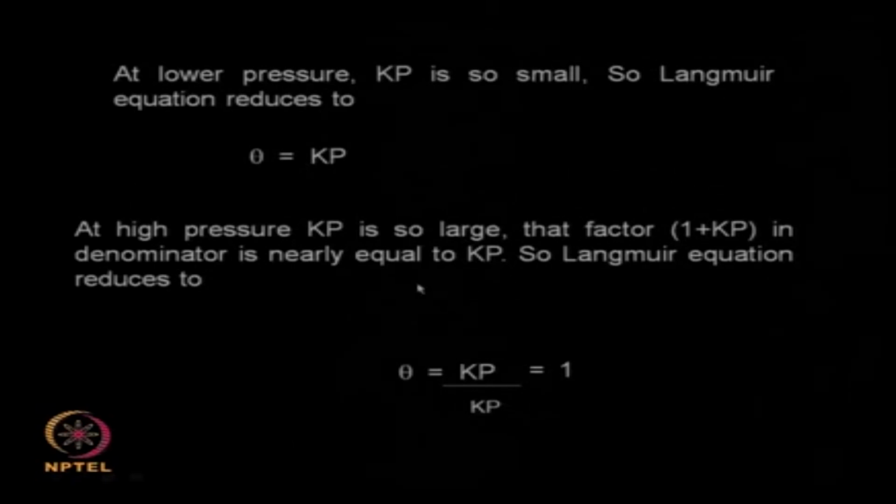Whereas when you have large Kp, that means at very large pressure, what happens? 1 plus Kp becomes almost Kp. So, the numerator and the denominator get cancelled, theta becomes 1. That means theta is no more a function of pressure, theta is now zero order with respect to pressure.